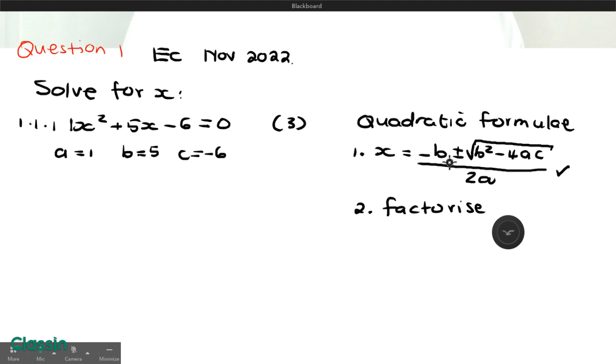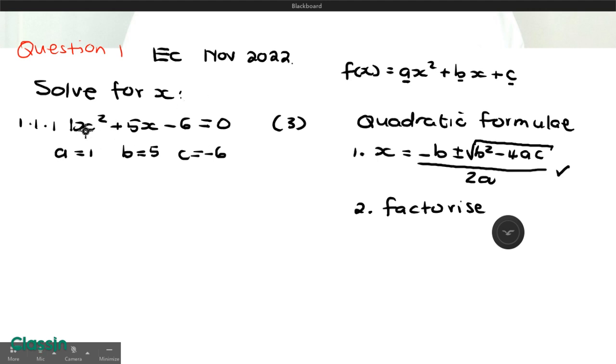Remember that the quadratic formula is derived from f of x is equal to ax squared plus bx plus c. This is the coefficient of x squared, which is a, the coefficient of x is b, and our constant value is c. So it follows the very same pattern.